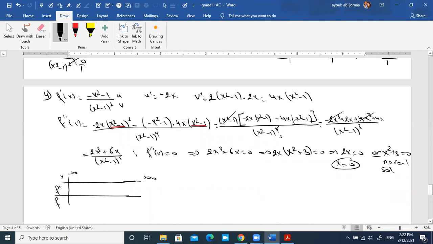Now for the table, you have the domain negative 1, 1. And here we have value of x 0. At negative 1, 0 and 1.